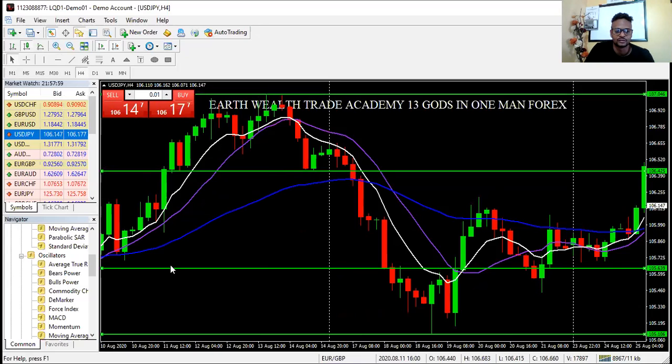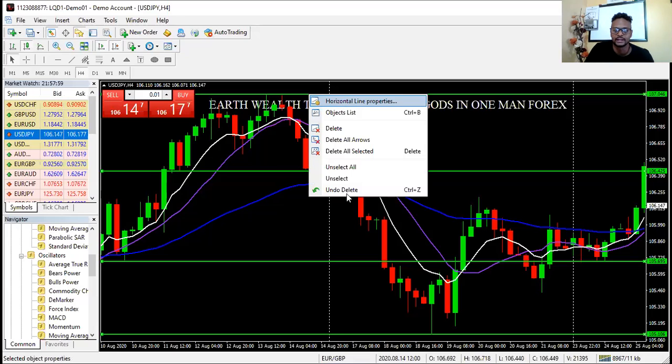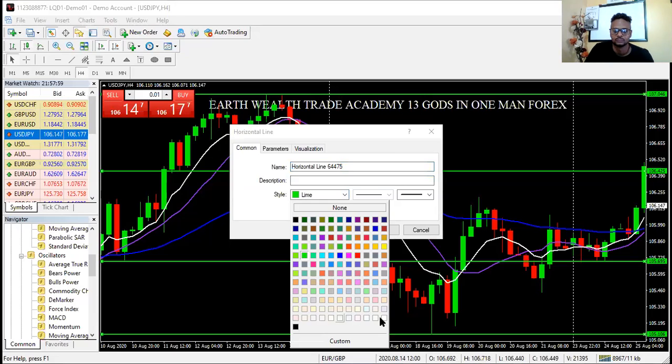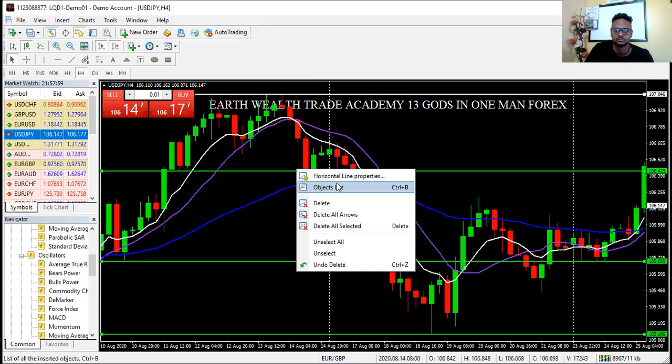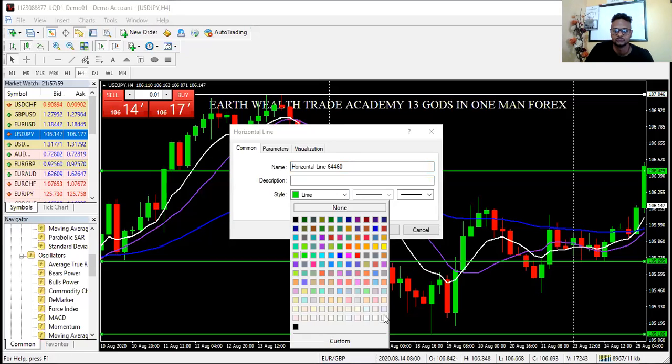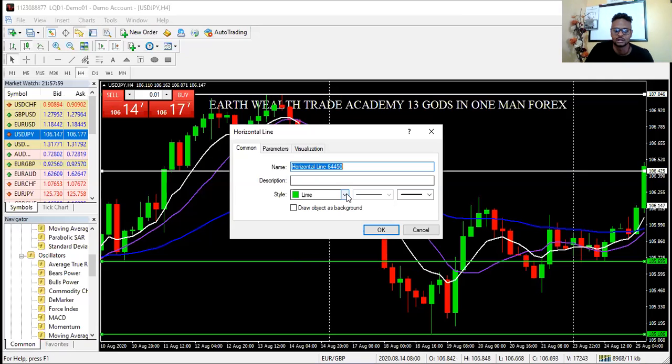This may look very simple, guys, but this is some of the fundamentals that you need to get right. I'm going to change all these colors to white rather than green. What we're looking at is different zones, the market structure that we're going to recap right now.